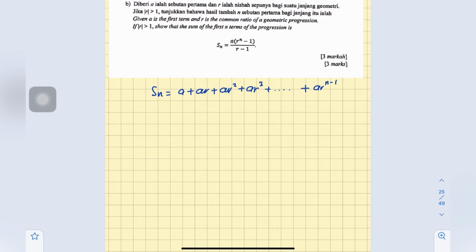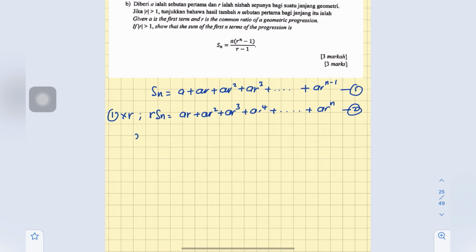Okay, so this is equation number 1. Let's say equation 1 times R. We get R Sn equals AR plus AR squared plus AR cube plus AR to the 4 up to AR power of n. This is equation number 2.